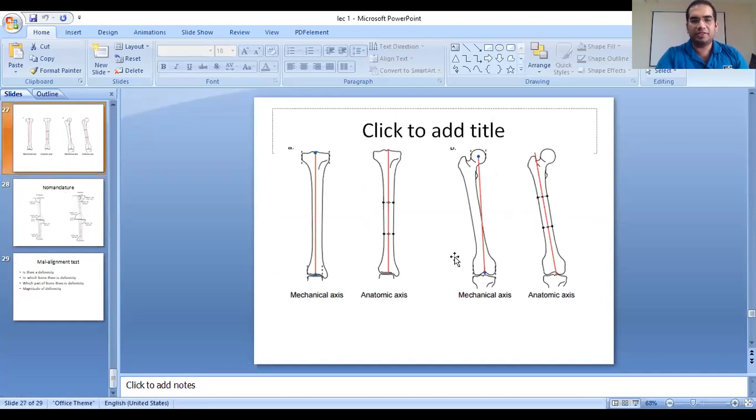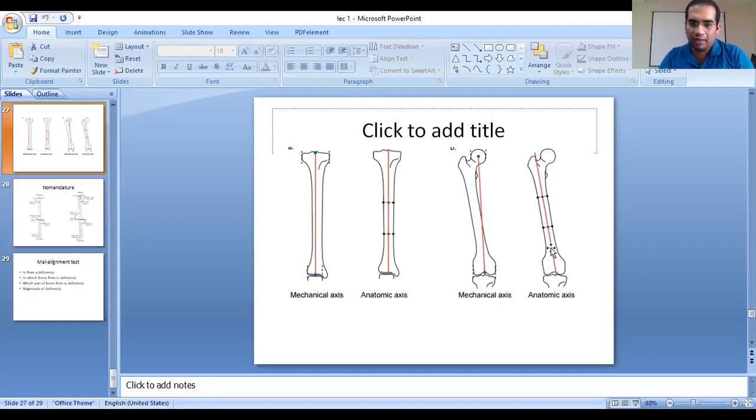In our second session, we discussed how to measure, how to calculate, how to assess the uniapical frontal plane deformity of tibia, in which we came to know that the mechanical axis and the anatomical axis of tibia are parallel, but the anatomical axis is slightly medial.